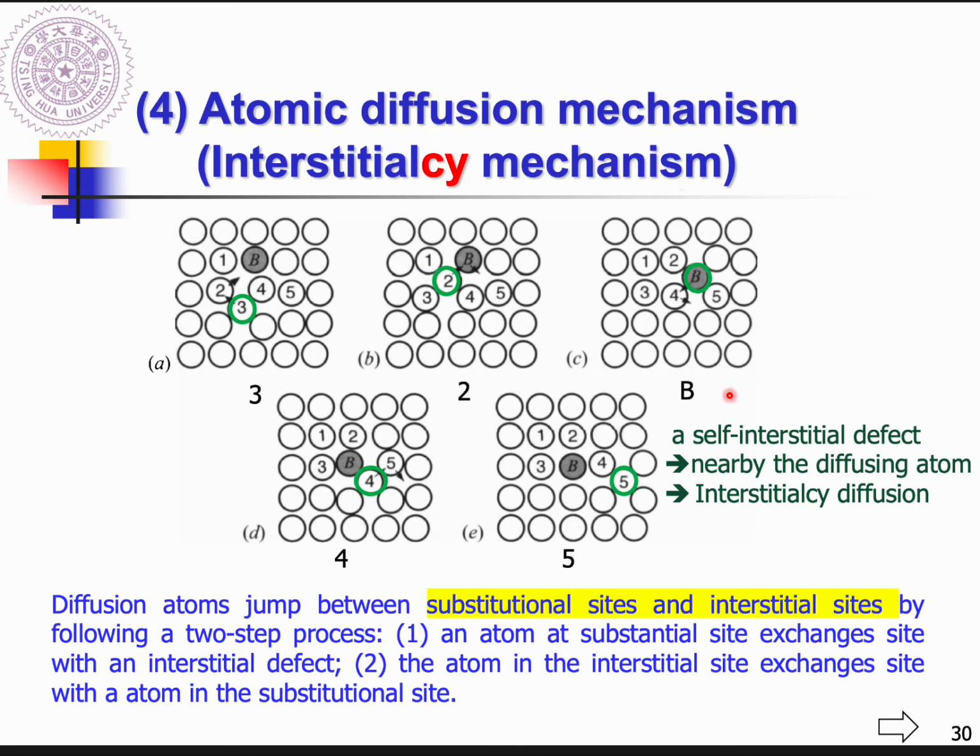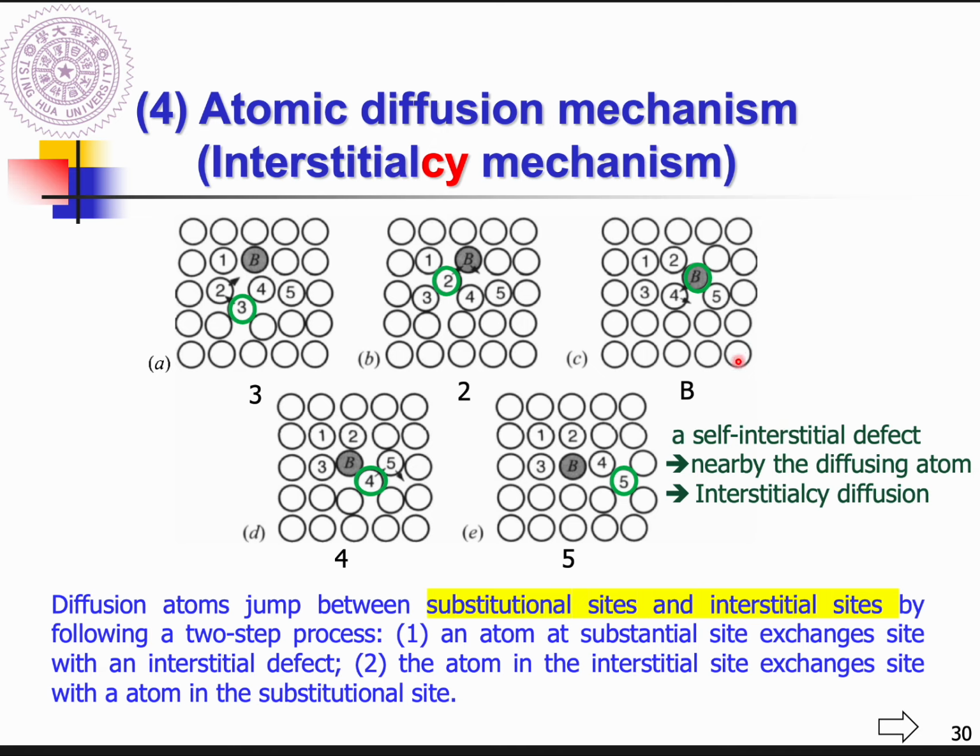There are some criteria and key points that can help you determine whether the case you deal with belongs to the interstitial C mechanism or not. Based on the example, you know that for sure there's a presence of a self-interstitial defect. Self-interstitial defect means that the atom located at the interstitial site is the same type and size as our host atom.